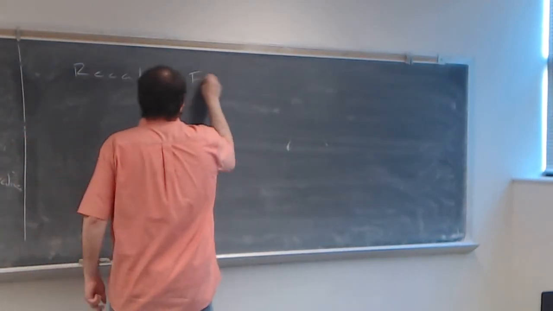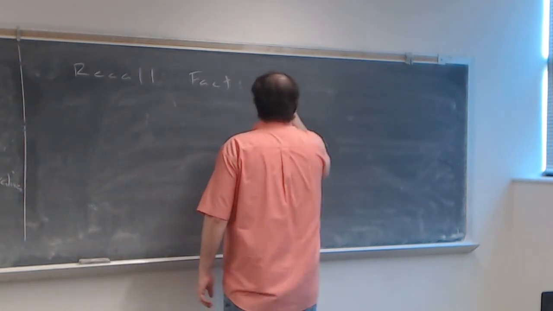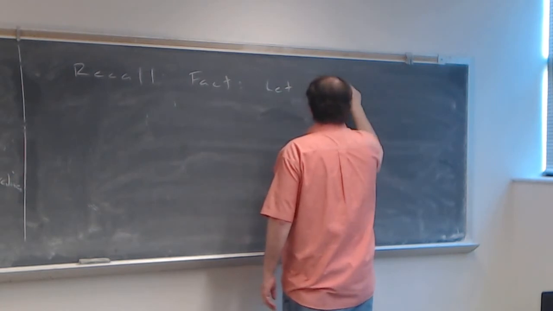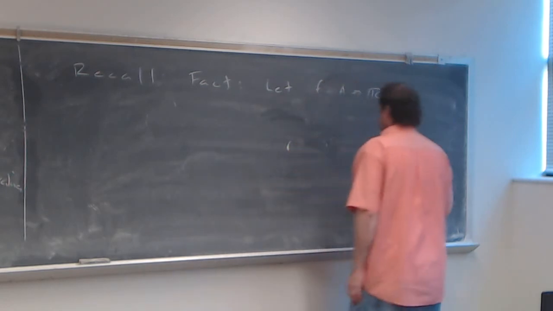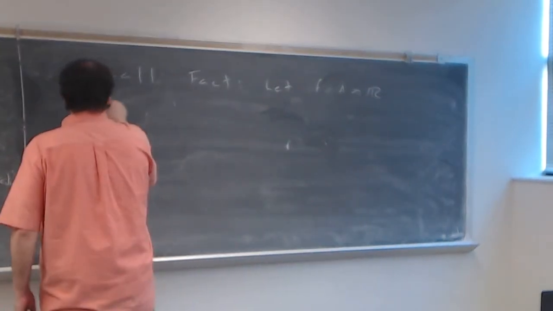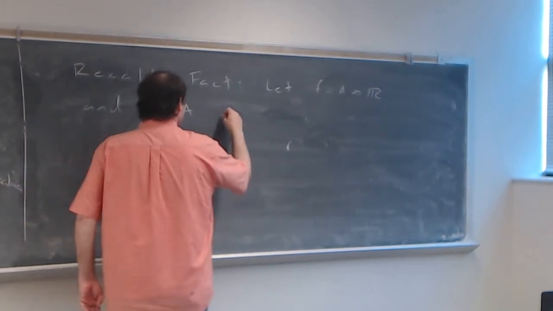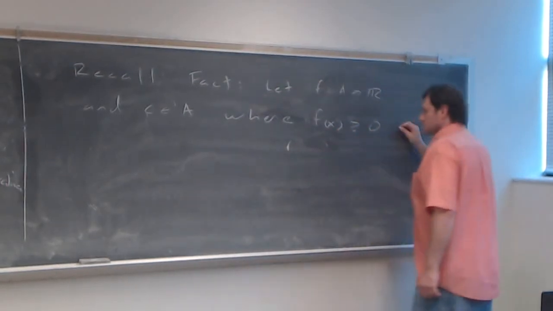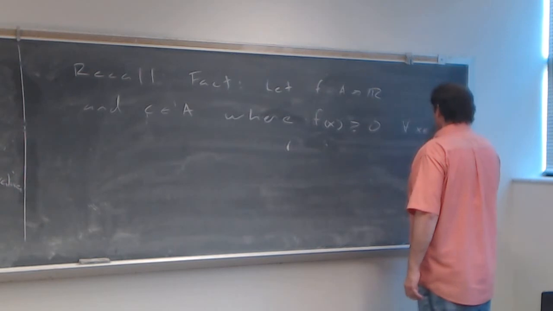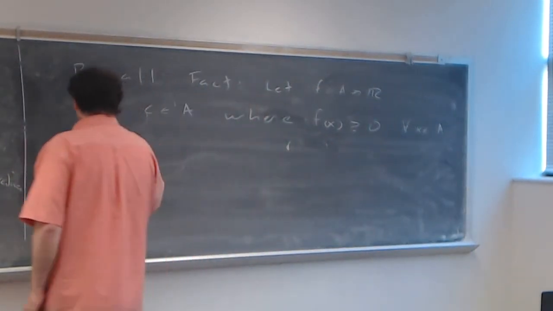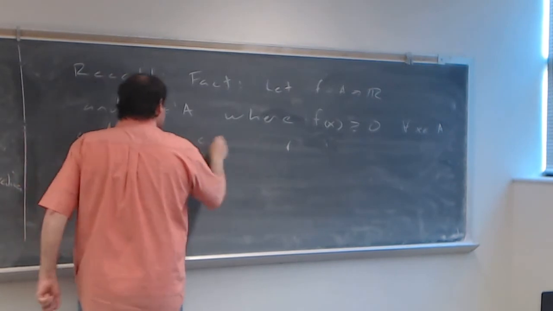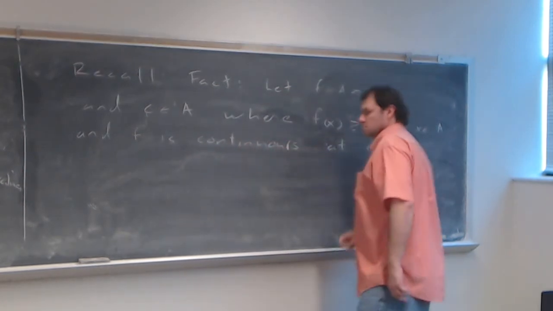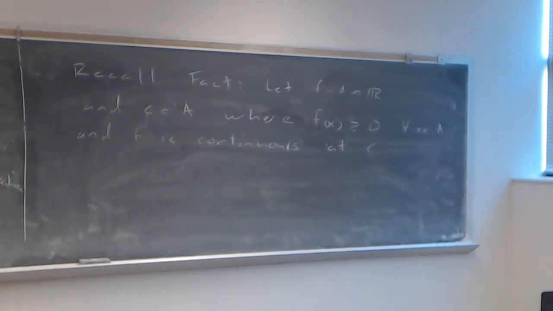We had this fact. It said, let f go from A to R and c be an element of A, where f of x is greater than or equal to 0 for all x in A, and f is continuous at c.